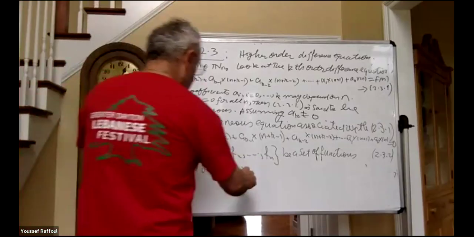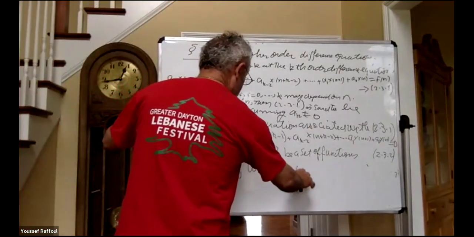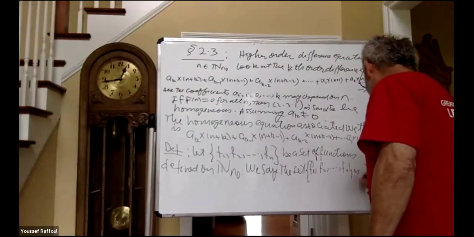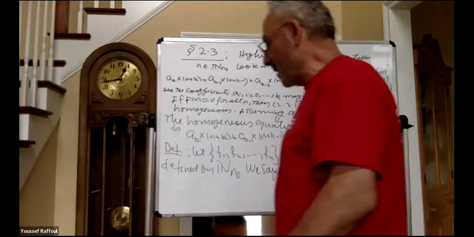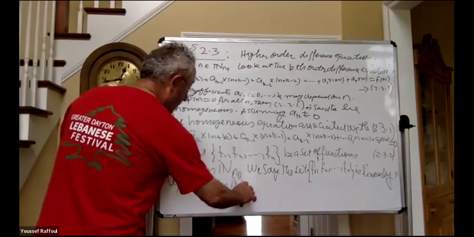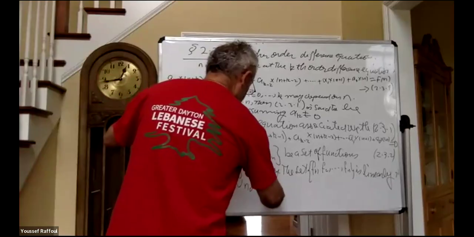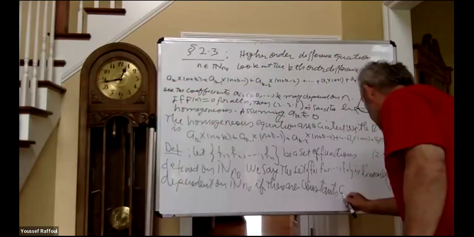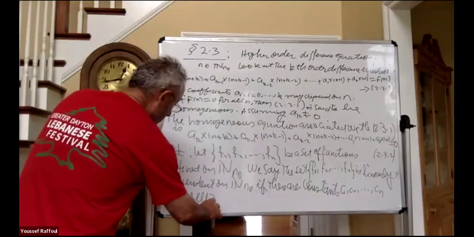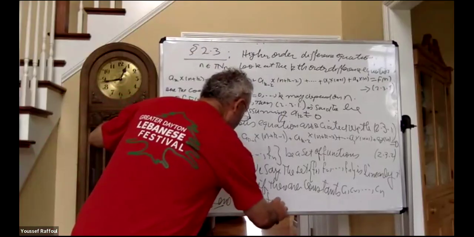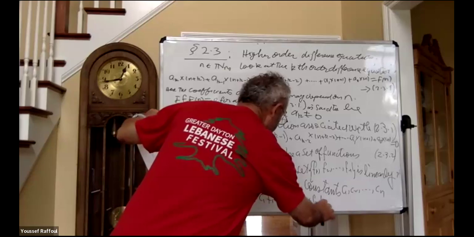Okay, then we say the set f1, f2, fn is linearly dependent on N0 if there are constants c1, c2, all the way to cn, not all zero, so that c1 f1 plus c2 f2 plus cn fn equals 0.